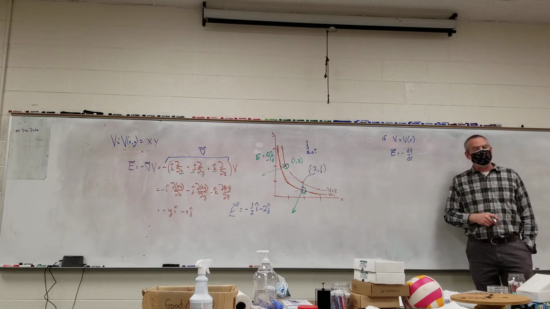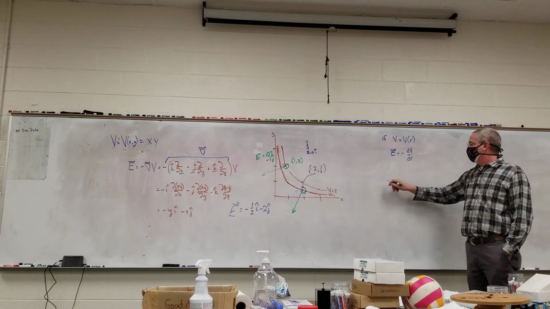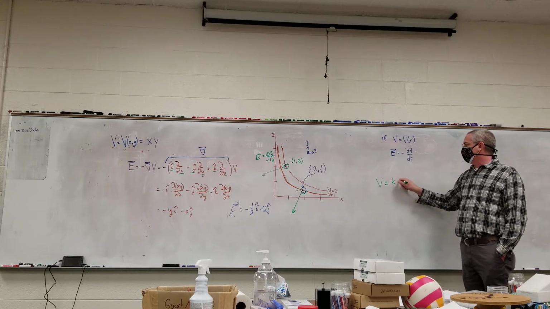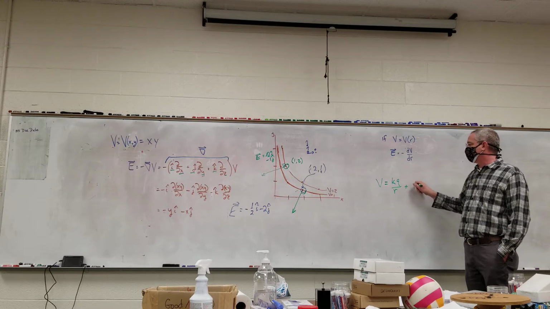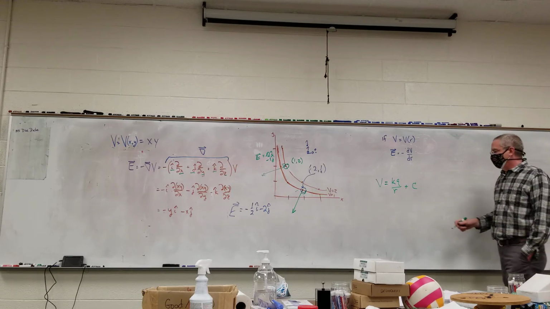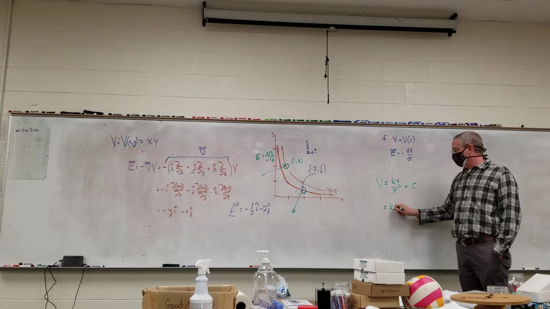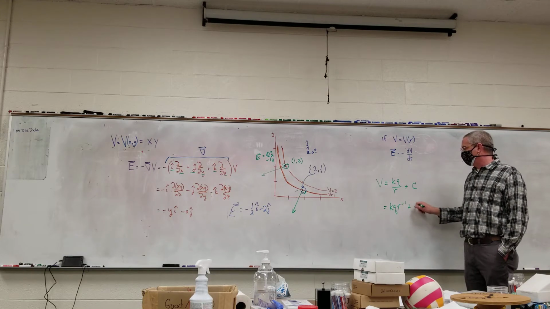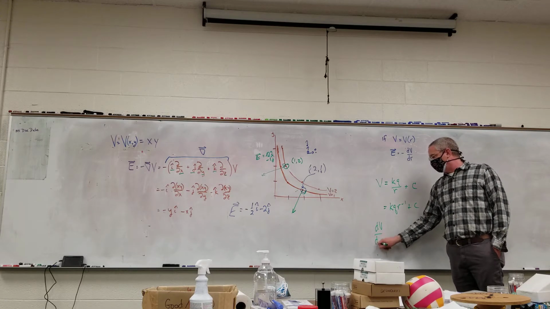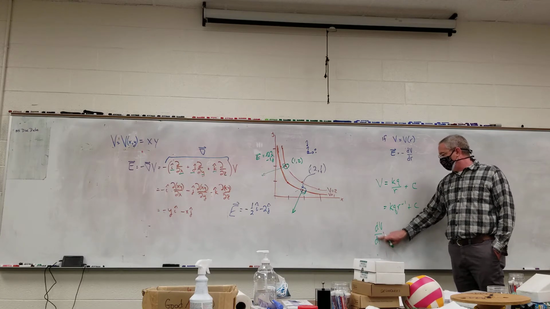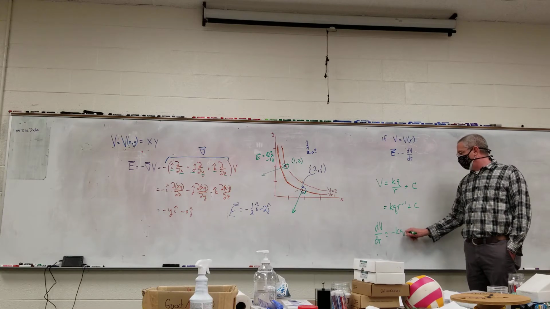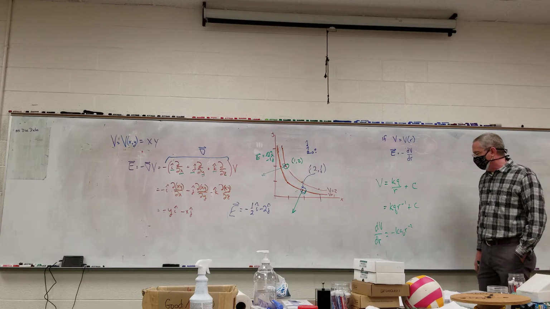And we can confirm that's true for the case of the point charge. So V is equal to kq over r plus some constant, which is kq r to the negative 1 plus some constant. And so the derivative of V with respect to r is negative kq r to the negative 2.